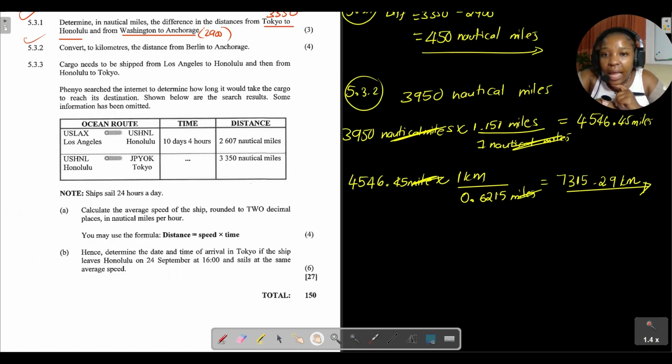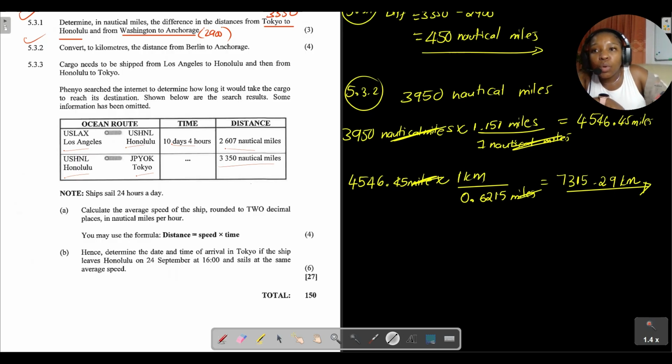Some information has been omitted. If you're going from Los Angeles to Honolulu, it takes 10 days and the distance is 2,607 nautical miles. If you're moving from Honolulu to Tokyo, we do not know what the time is, but the distance is 3,350 nautical miles.